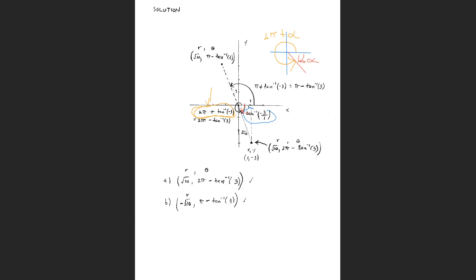But it is possible WebAssign might want you to write that as 2 pi minus the arctangent of +3, because the arctangent of -3 is the same as negative the arctangent of +3, because of tangent being an odd function. Okay, excellent. Good question. Anything else? Any other good questions?